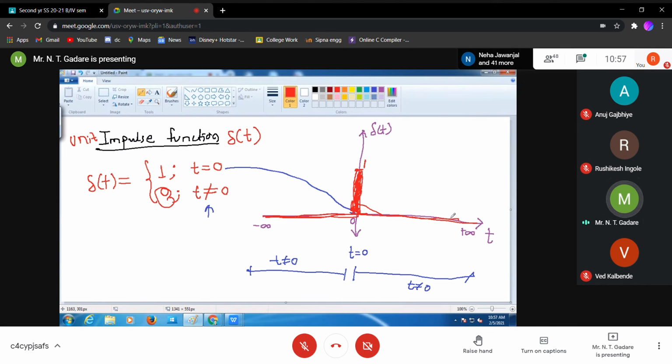Now, if you are giving a guest lecture in an abroad university and you talk about the impulse function, the students and faculty from that university will understand, yes, this is the impulse function, because it is universally accepted and the definition is the same. Del of t means impulse function, u of t means step function.